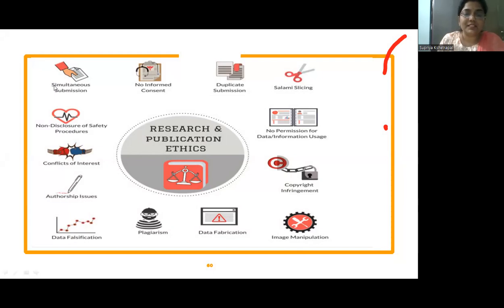So let us consider here no informed consent, duplicate submissions, salami slicing, no permission for data and information use, copyright infringement, image manipulation, data fabrication, plagiarism, data falsification, authorship issues and conflicts of interest, non-disclosure of a safety procedure, and simultaneous submission.